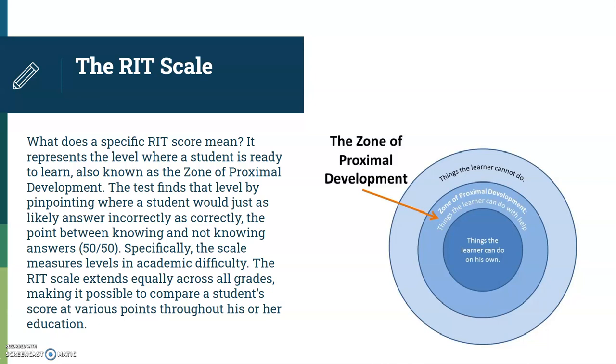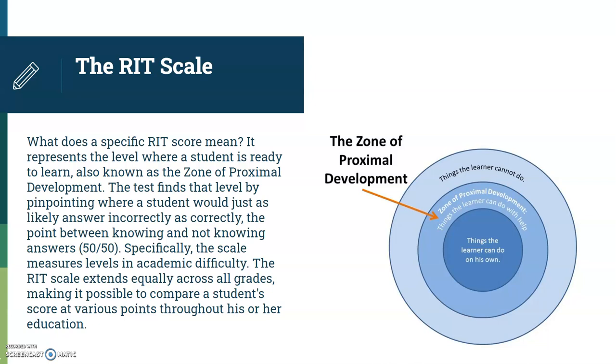And the test finds that level by pinpointing where a student would just as likely answer incorrectly as correctly. The point between knowing and not knowing the answer, so a 50-50. And specifically, the scale measures levels in academic difficulty. So the RIT scale extends equally across all grades, making it possible to compare a student's score at various points throughout his or her education.